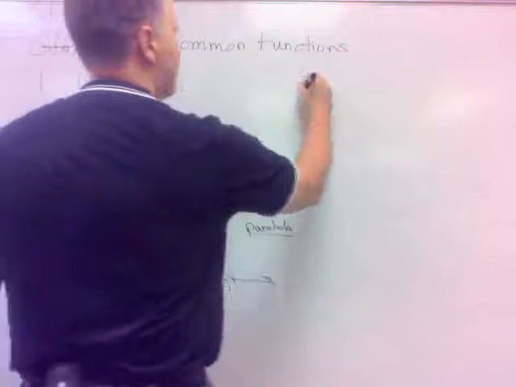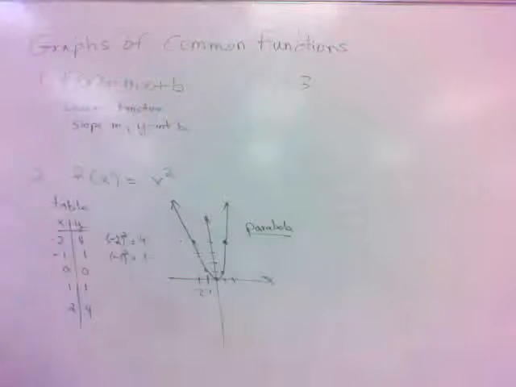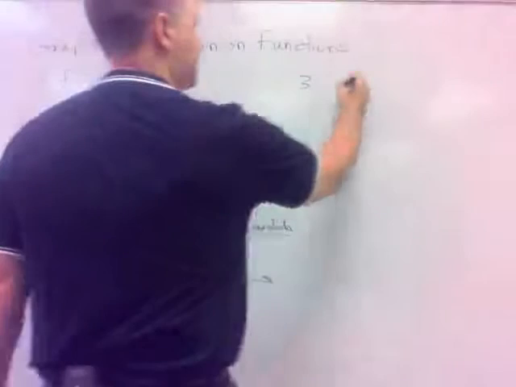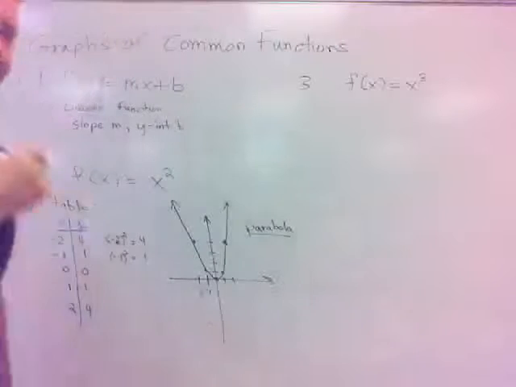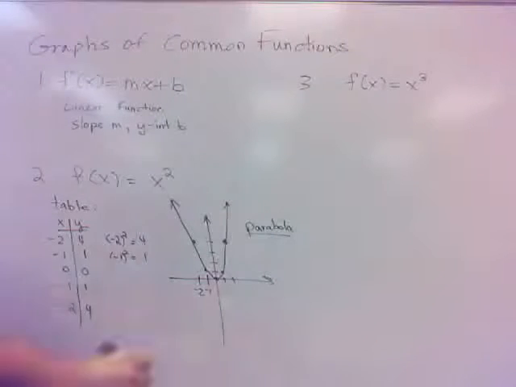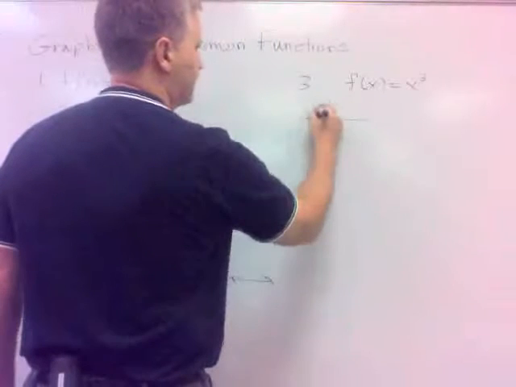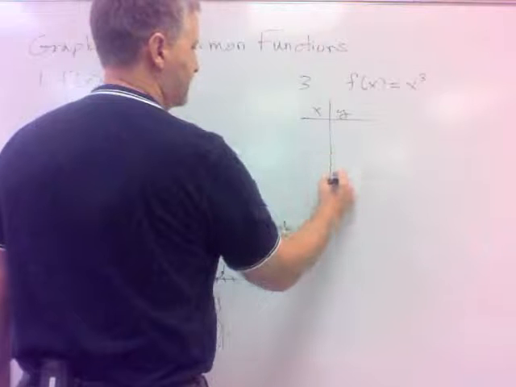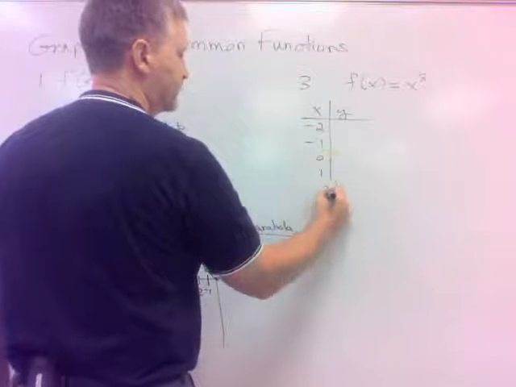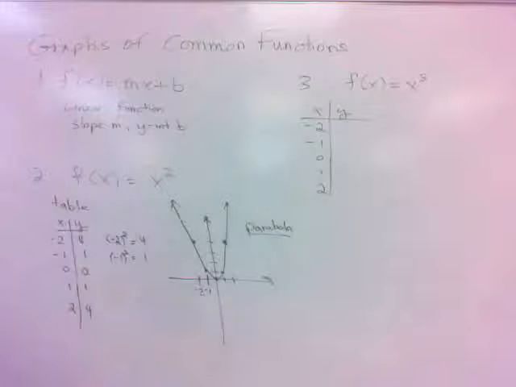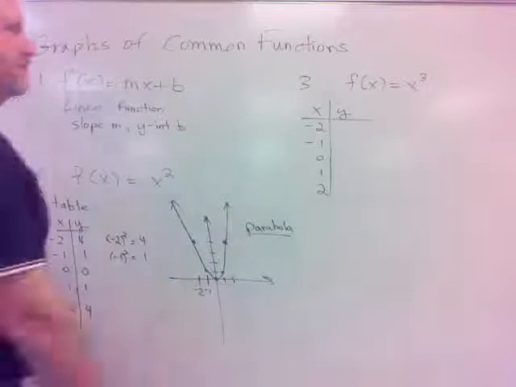All right, number 3, common function. Let's bump it up. Let's go to f of x equals x cubed. You know what that one looks like? Again, if you use a table of x and y values, let's go -2 to +2. What do we get if x is -2?